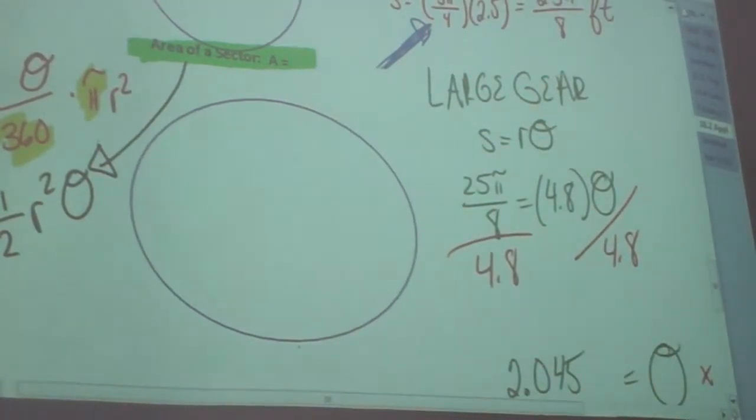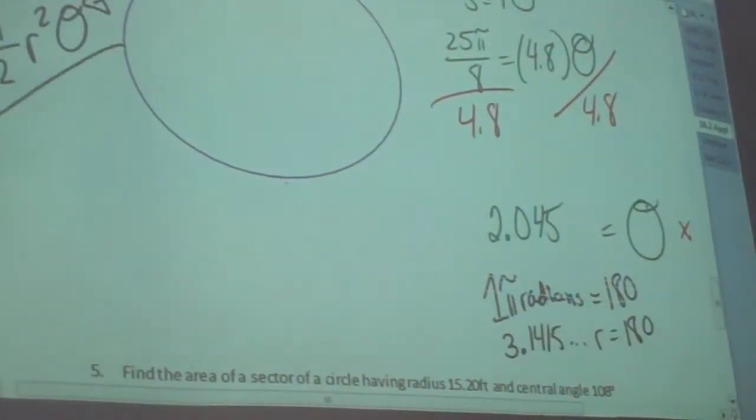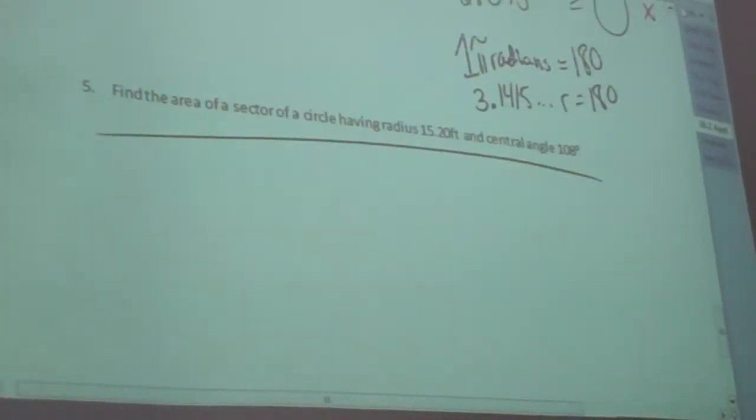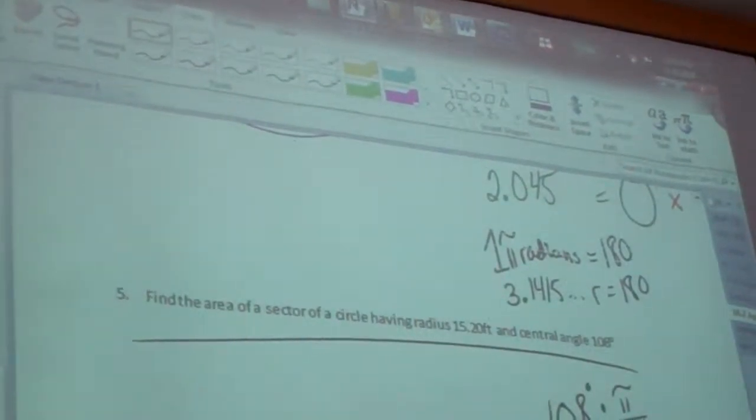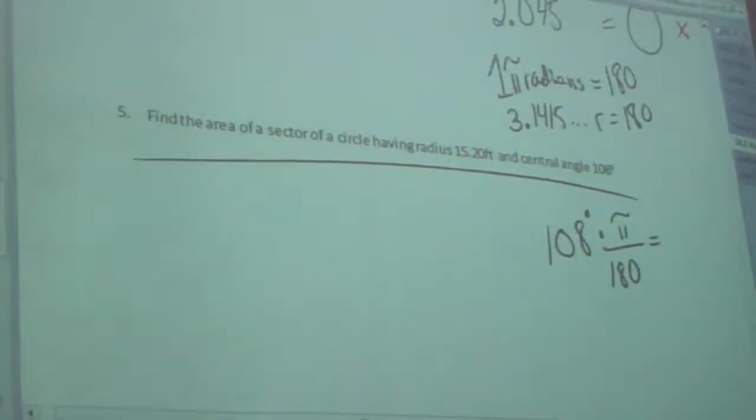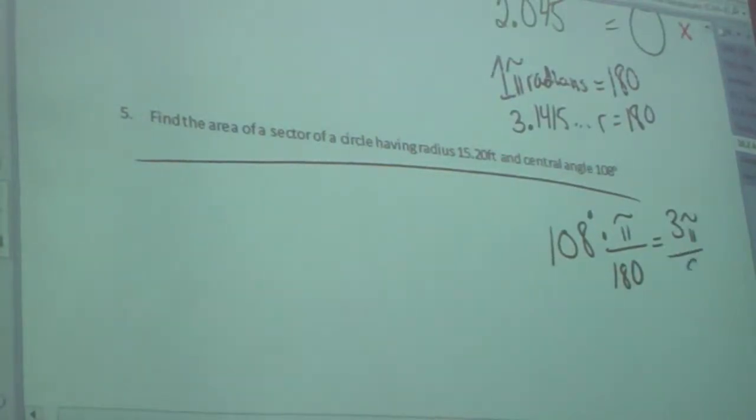All right. So here's our area: half r squared times theta. Let's just do one example of that. We have a radius of 15.2, and we have a central angle of 108. If we translate it into radians, it gives us 3/5 pi.